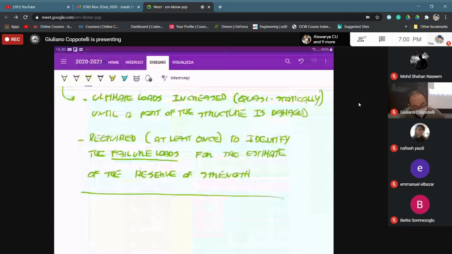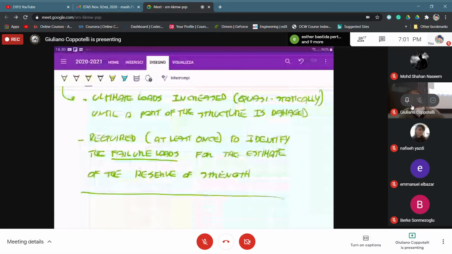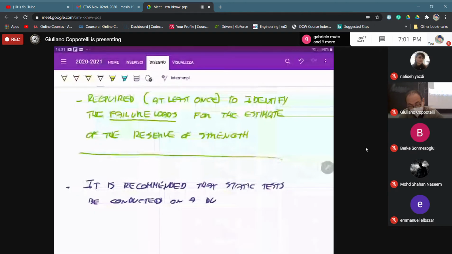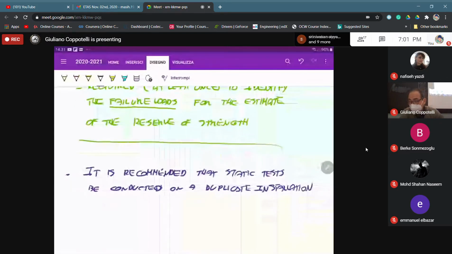So it is recommended that those static tests be conducted on a duplicate installation with respect to the flying one, with respect to the actual one, and that could be done, for example, using a jig or a mockup.